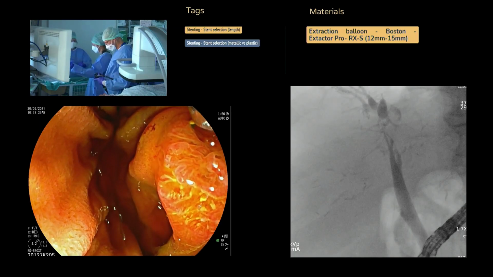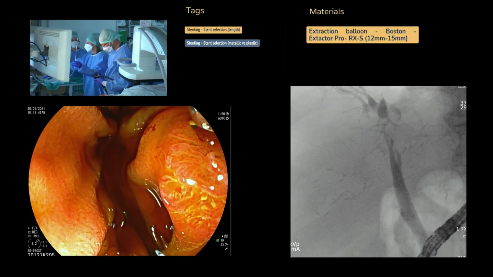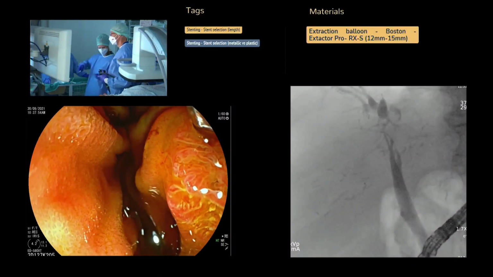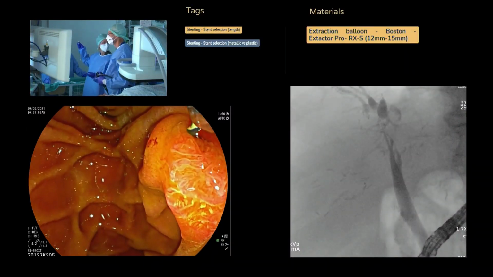Peter or Jean-Baptiste, when you place a metallic stent, do you give ursodeoxycholic acid afterwards to prevent occlusion of the stent, or isn't that an issue? So you give ursodeoxycholic acid to prevent occlusion of the stents. That's the question.